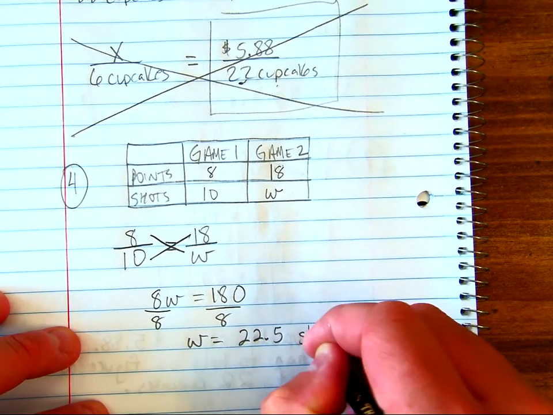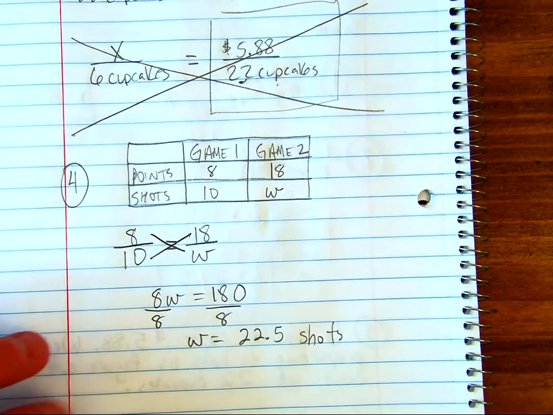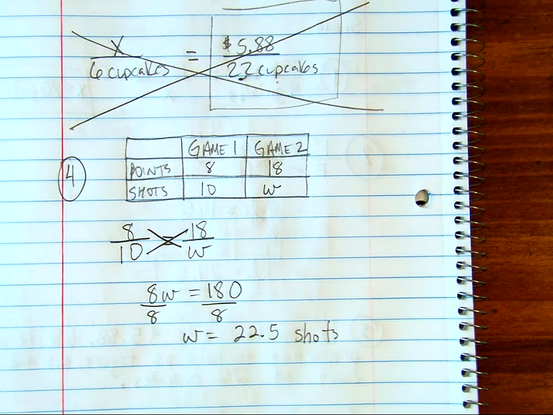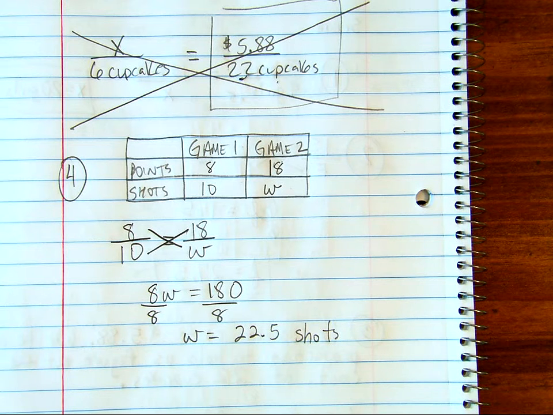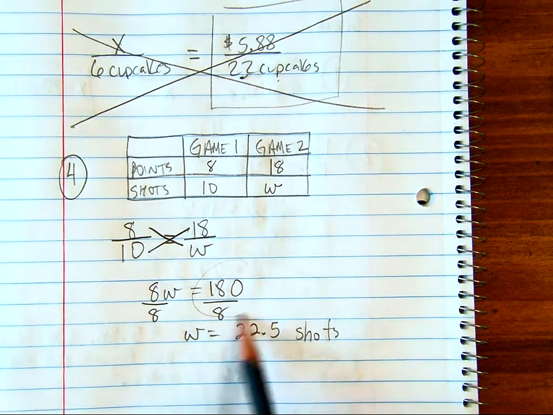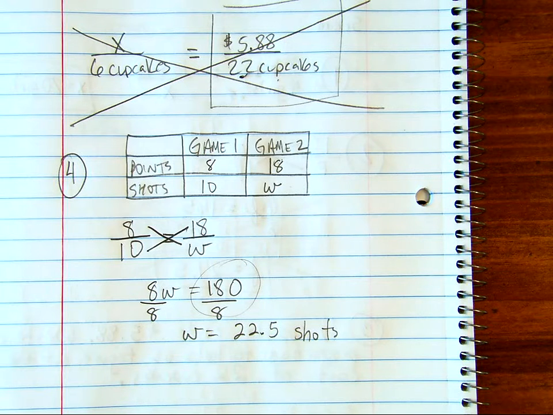Mr. Meeks, how are you going to take a half of a shot? Well, maybe it's the average. Why don't you just do the 10 times 18 divided by 8 and skip a step? I did 10 times 8 right here. You don't have to write that. You just do 10 times 18 divided by 8. Well, remember what this I can statement is. It's I can write a proportion.